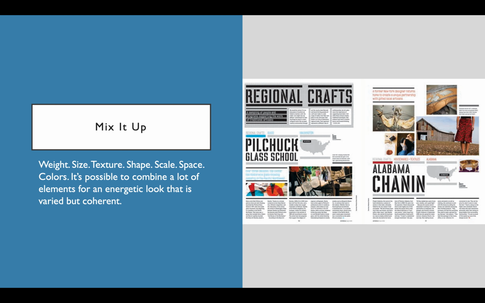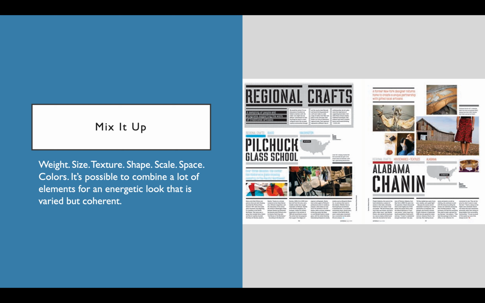And as I said, there's a couple different rules that play along the same line. Using weight, size, texture, shape, scale, space, color, all of these things can come together to have a really energetic look to your piece while you still have a coherent sense of what's happening where.